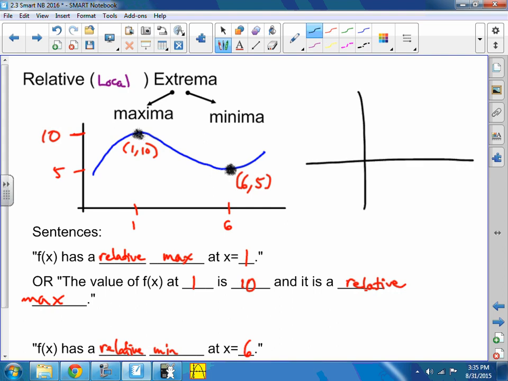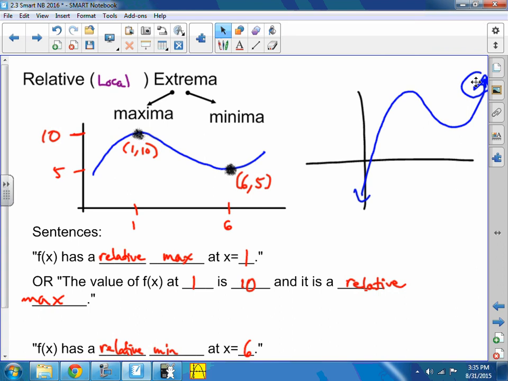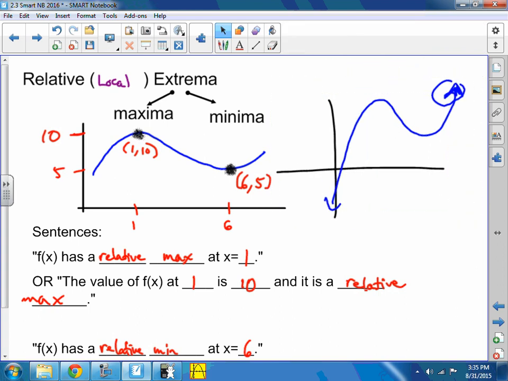For example, you might assume that this graph keeps going up, up, up forever. If it does, there really is no maximum point. There's nothing highest. It's rising towards infinity. And the same thing for the minimum. You might have the graph falling deep down into the abyss. Why would we say that there's a minimum point? There's no minimum point.